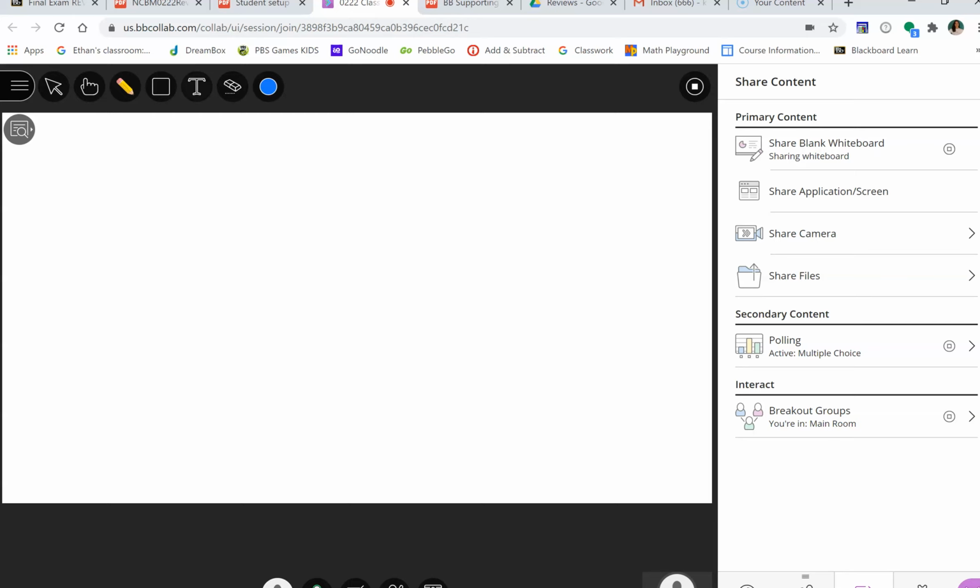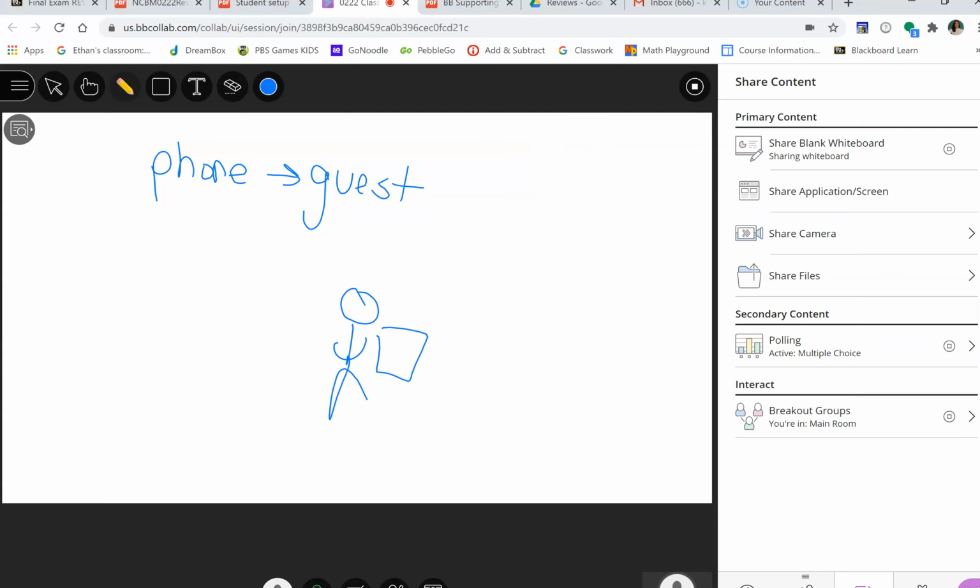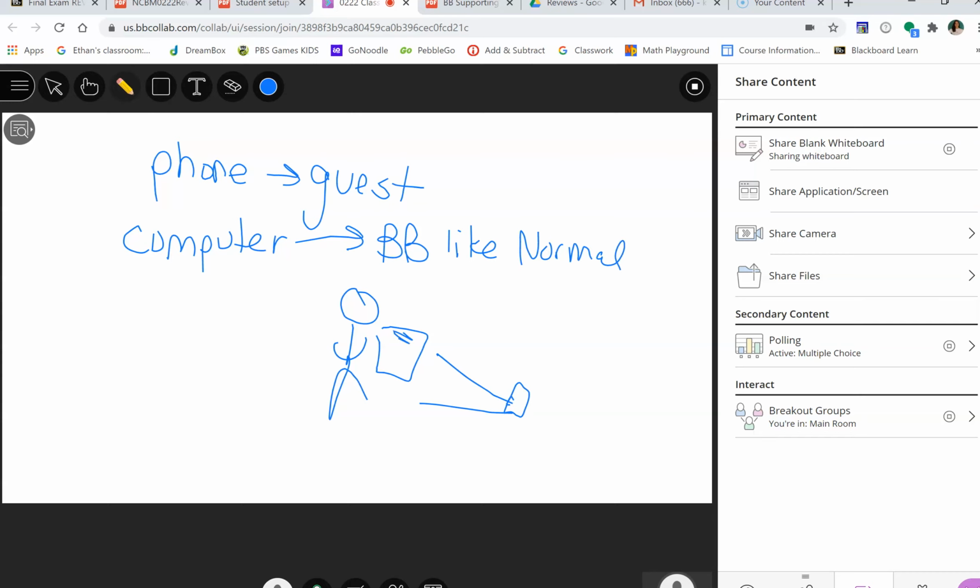So when you sign in on your phone, that's going to be the guest. Your phone is the guest. You're working at your computer, and your phone is going to be over to the side, panning your work area. Then on your computer, you go in through Blackboard like normal, just like you are right now, and that you're going to use to read your screen and put answers on your screen.